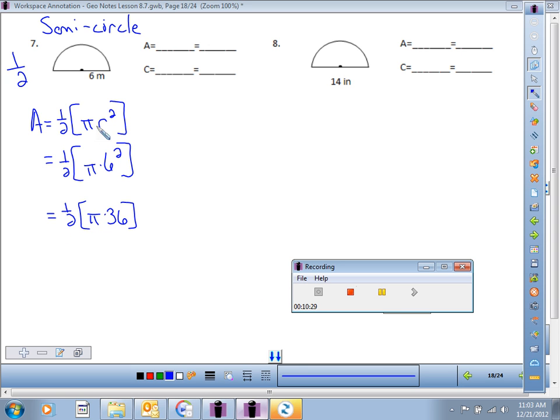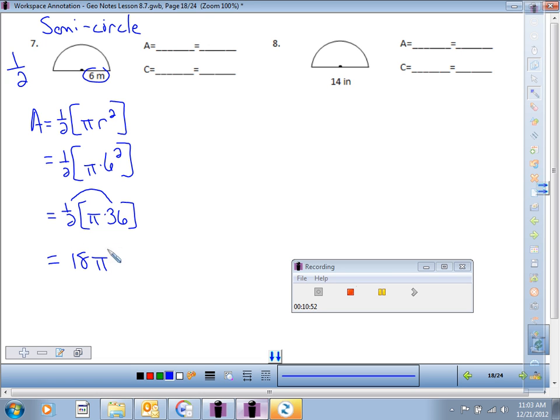So what I did is I set up my formula, area equals pi r squared, but then I included this 1/2 at the very front. So pi times 6 squared, my radius, and 6 squared is 36. Now to keep this in terms of pi, I'm just going to take half of that 36. Half of 36 is 18 pi.